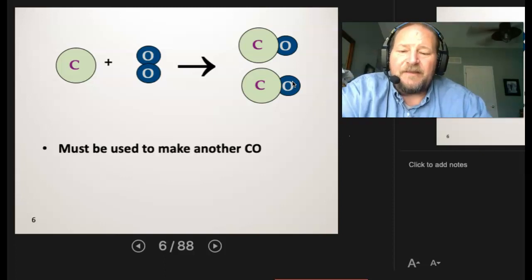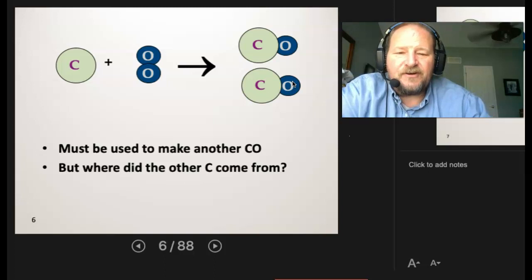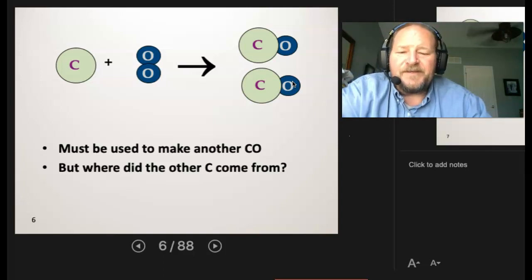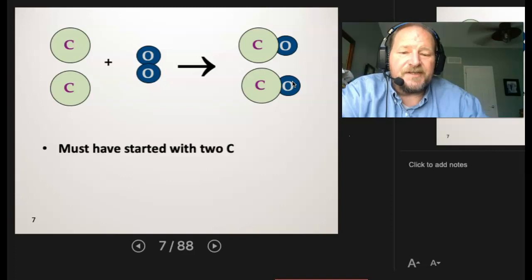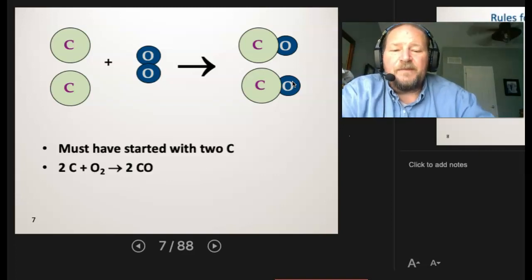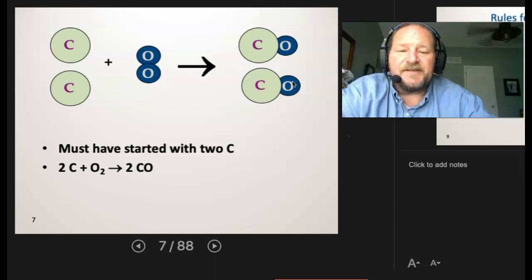Now, that means I made an extra CO, but the problem then becomes, well, where did that extra carbon come from? Well, it must have been there in the beginning. And if it was there in the beginning, then really what I had was 2 carbons plus O2 going to 2 CO. So I must have started with those 2 carbons, and then my formula becomes 2 C's. Notice it's a coefficient 2, not a subscript 2.